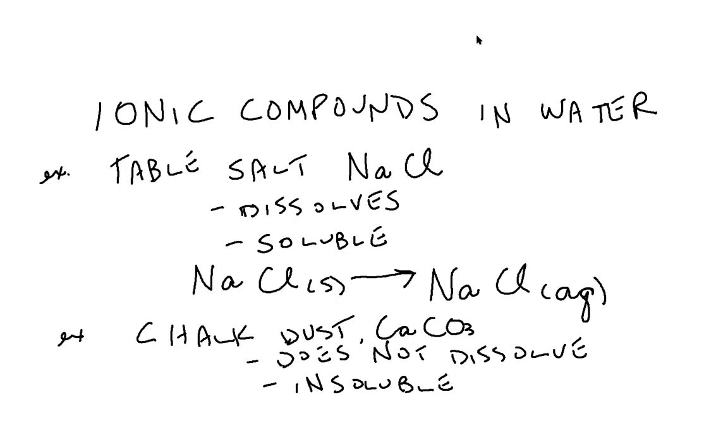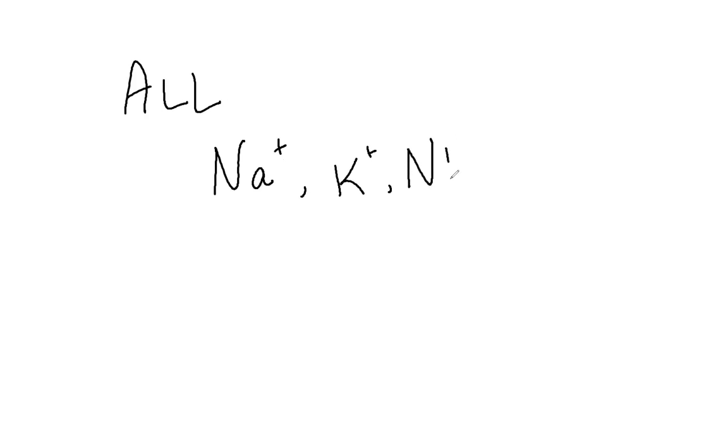And for AP chemistry, the most important rule for ionic compounds in water in terms of solubility is that all sodium, potassium, ammonium, and nitrate compounds, compounds that have these ions, are soluble.